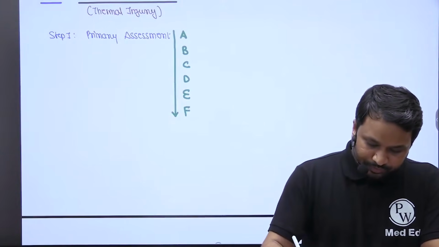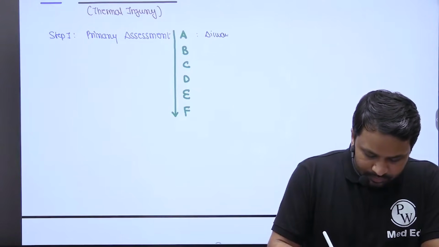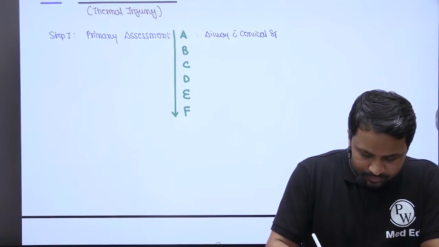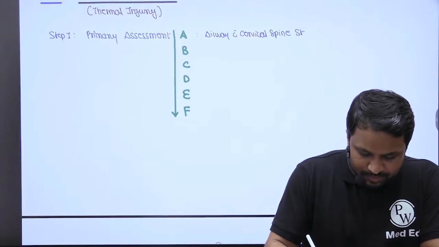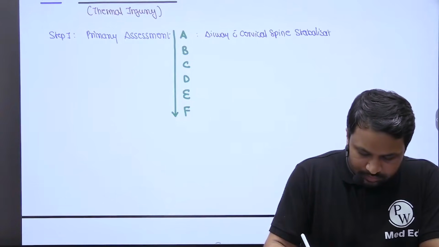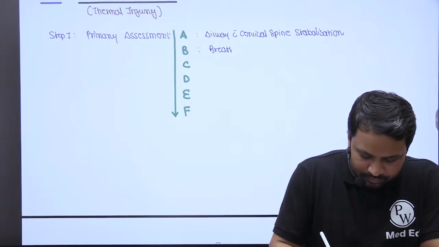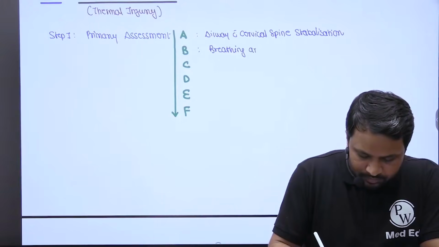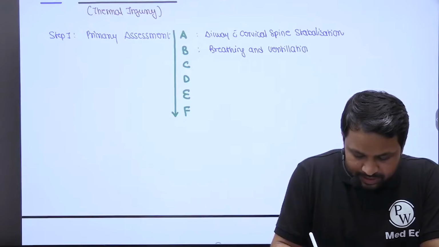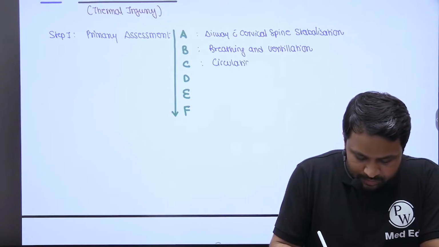So what does A stand for? A is airway with cervical spine stabilization. B stands for breathing and ventilation. C stands for circulation with hemorrhage control.